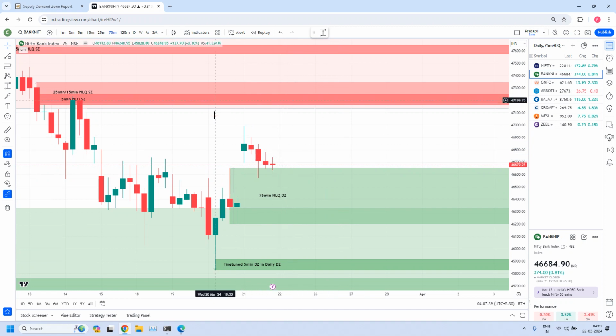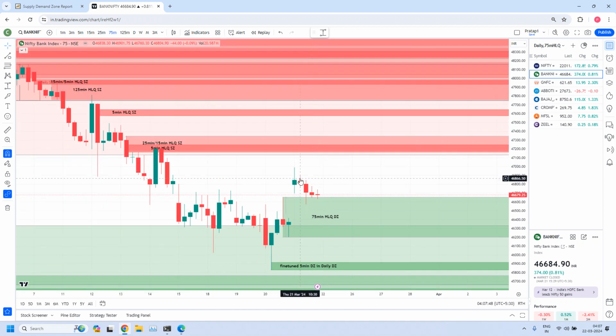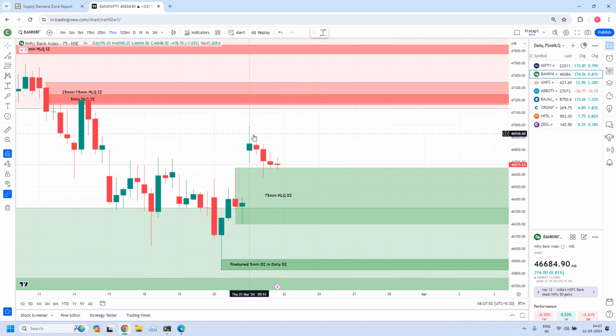Because supply is also strong, even though the price pushed up with a gap, institutions are fighting equally well here. That's why price entered into this zone and again picked up the orders.